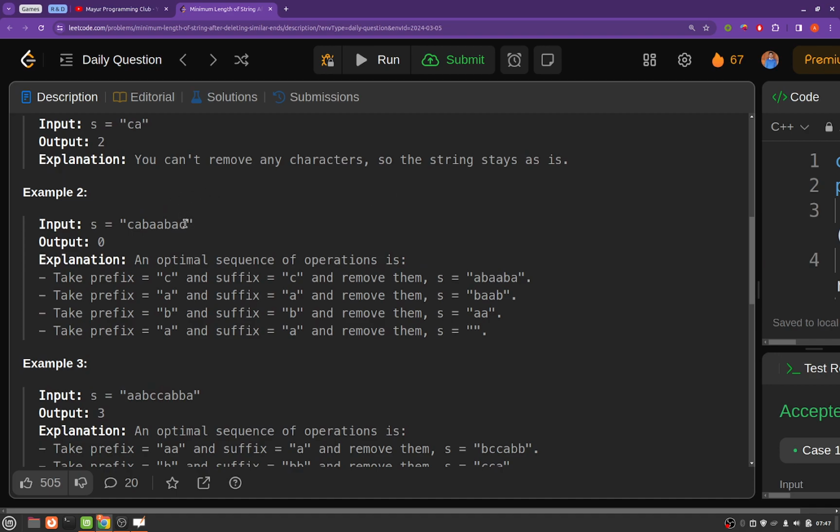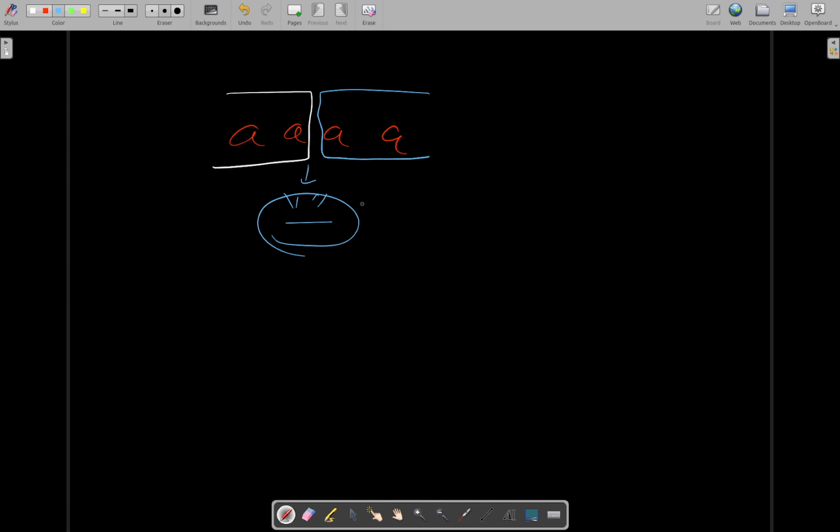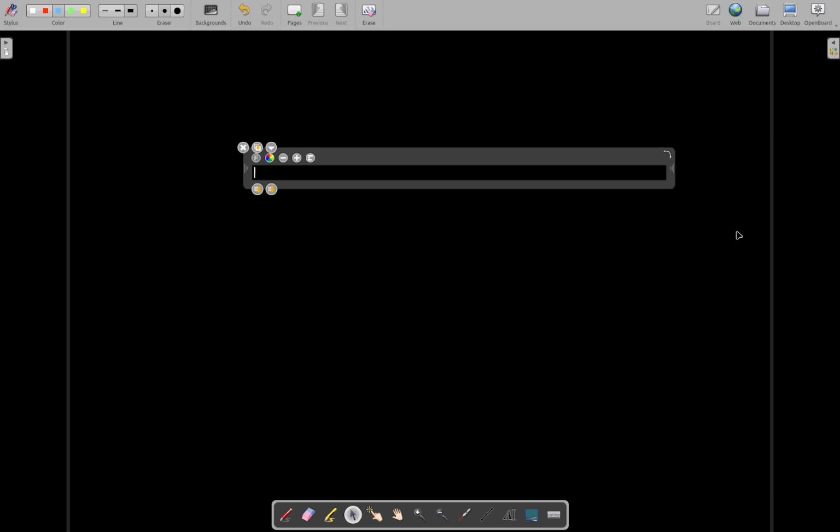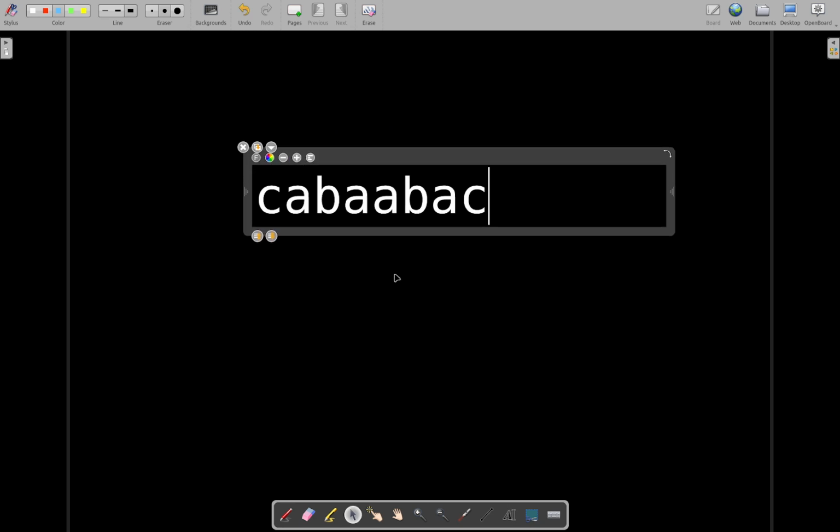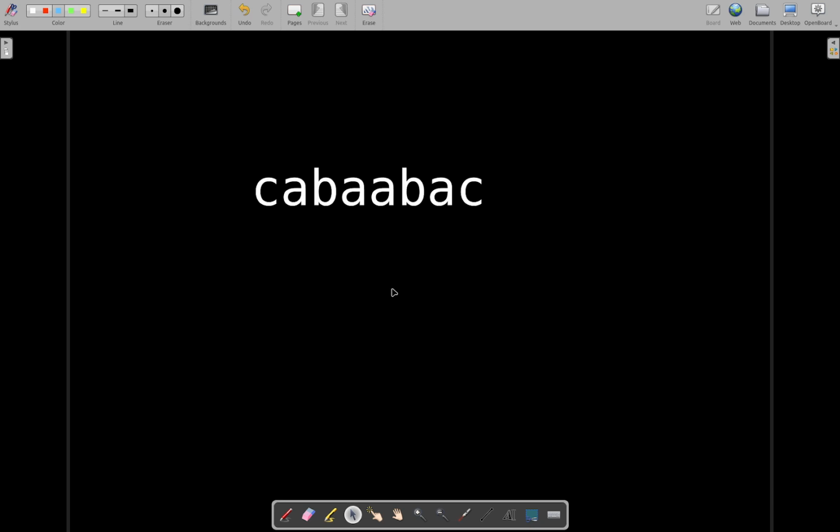So let's pick second one first. Okay, let me move it to the board. Now I think it should be pretty visible, and let's mark the indices 0 1 2 3 4 5 6 7.